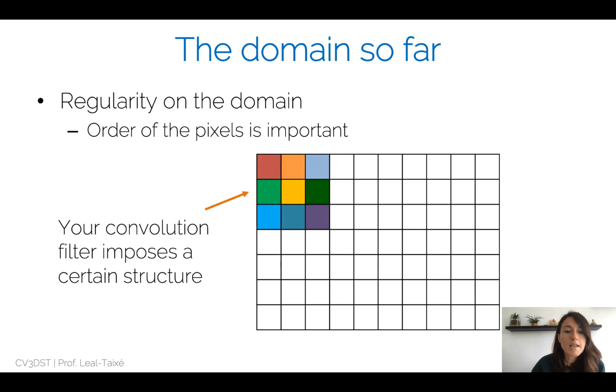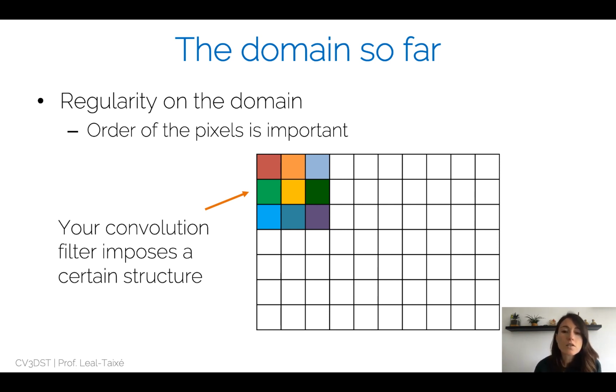Well, I'm saying this because when we try to apply our convolutions on top of the image, so essentially when we want to train a convolutional neural network, what we do with each convolution filter is that we slide it through the image. And this convolution filter has a certain shape, and therefore it imposes a certain structure.